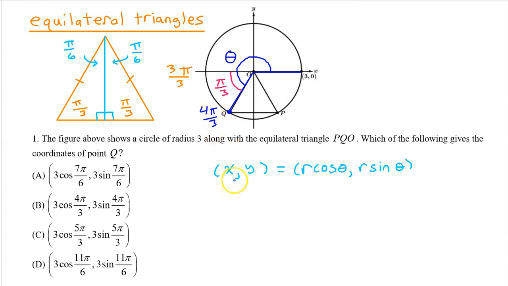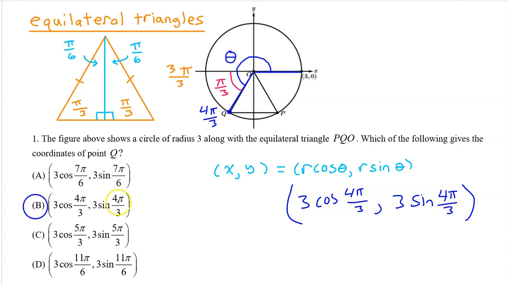So the coordinates of point Q will be r cosine theta, r sine theta. So that's going to be 3 cosine 4 pi over 3, 3 sine 4 pi over 3. That's why the answer is B.